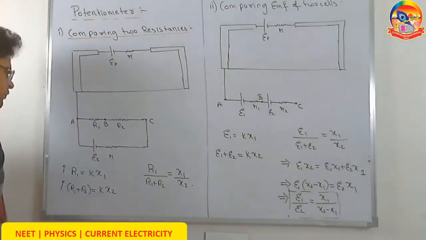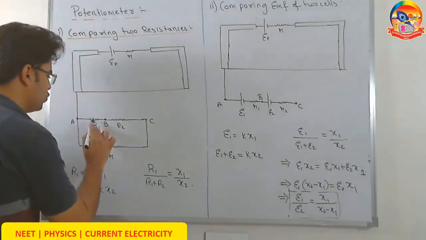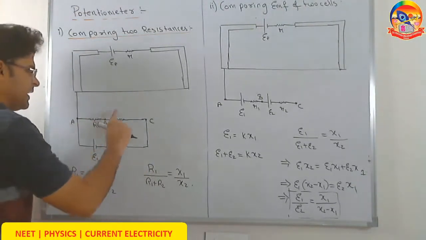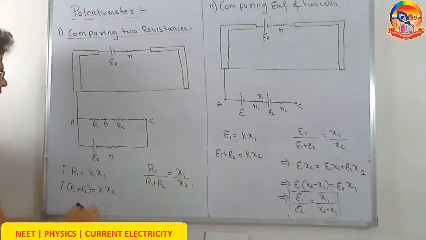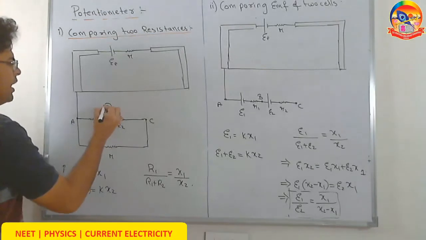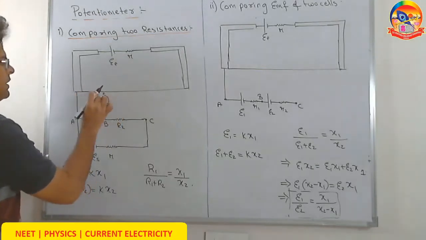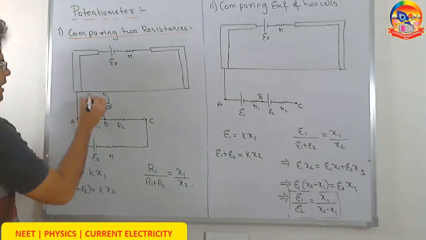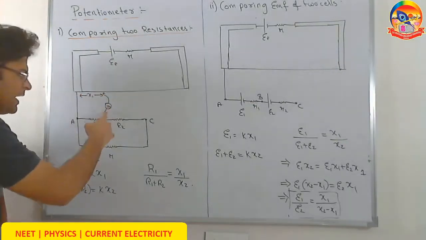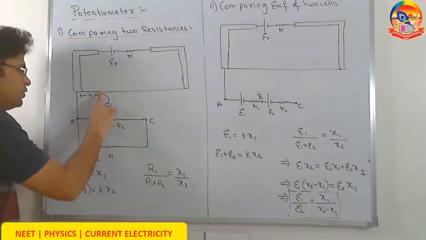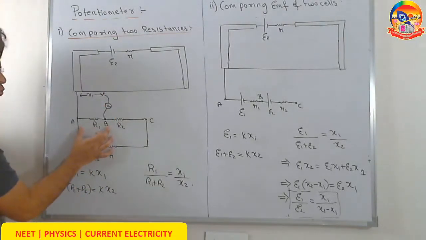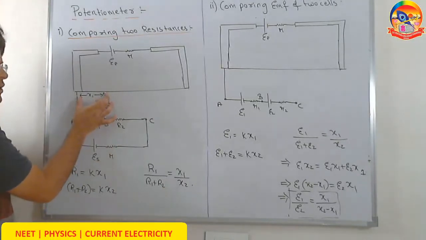So what do we do? First, we connect these two resistances to a secondary battery, so as to make a secondary circuit. Then from this point B, we attach a galvanometer and find out a balance length. Let's say in this case the balance length comes out to be x1. Now whenever we get a balance length, it means that no current flows through the galvanometer. It means that the potential difference between these 2 points A and B has to be the same as the potential difference here.